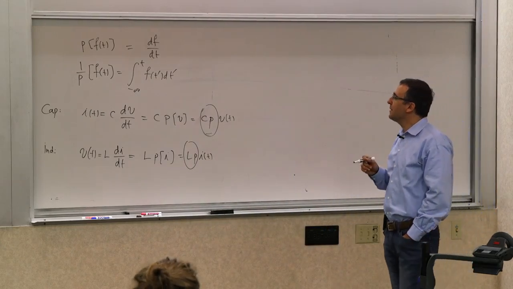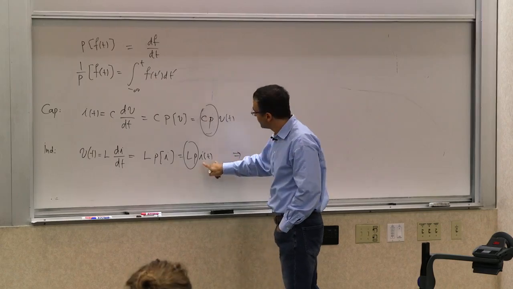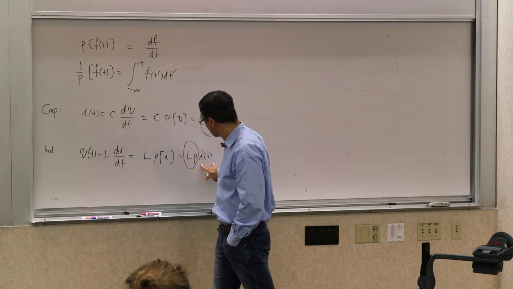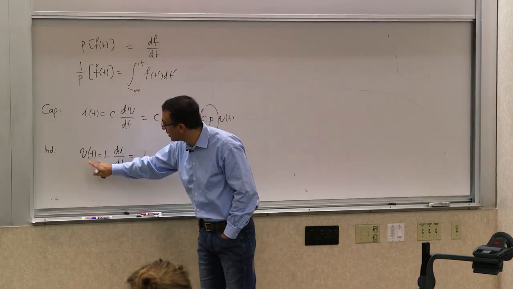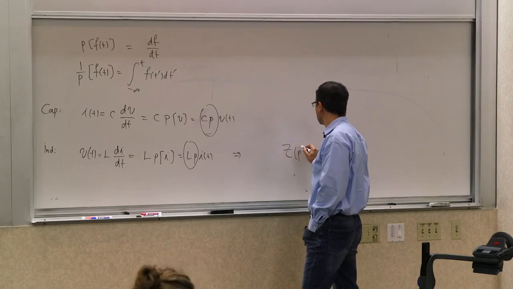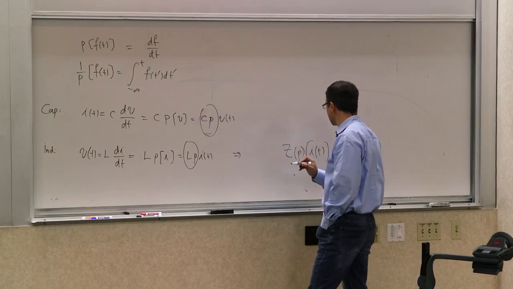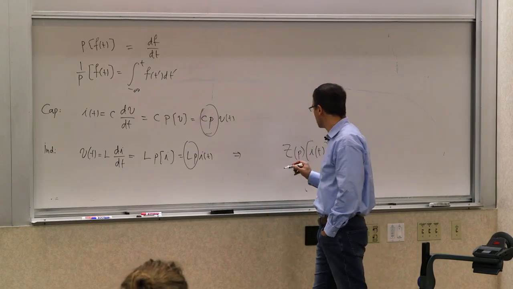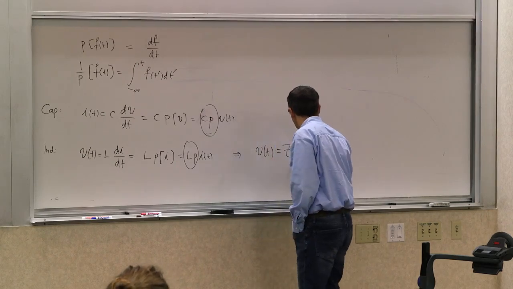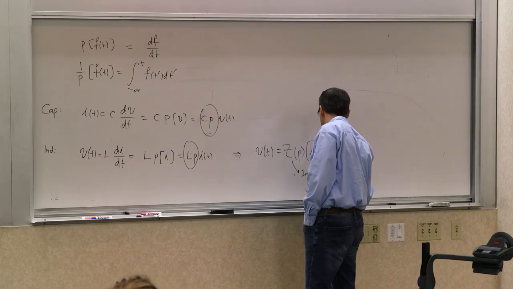We call these kinds of operators, which take the current of a branch and produce its voltage, an impedance operator. So in general, you could write Z of P, an operator operating on I, producing V of t. This is called an impedance operator.